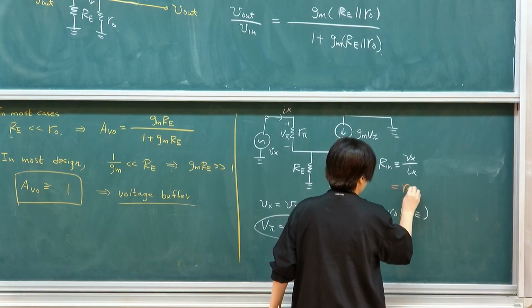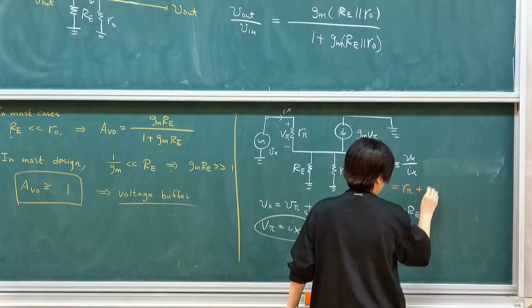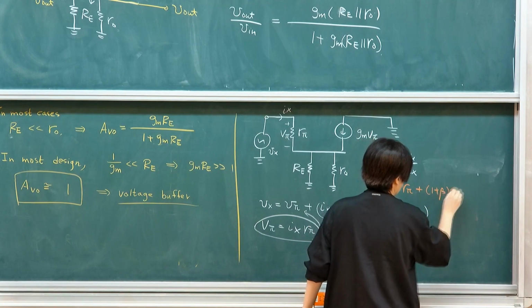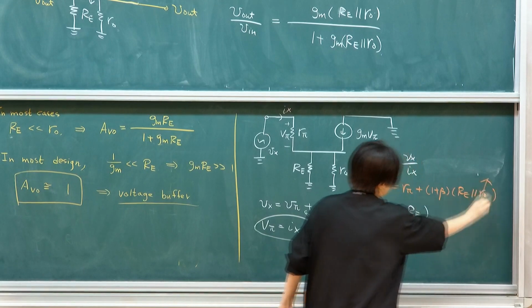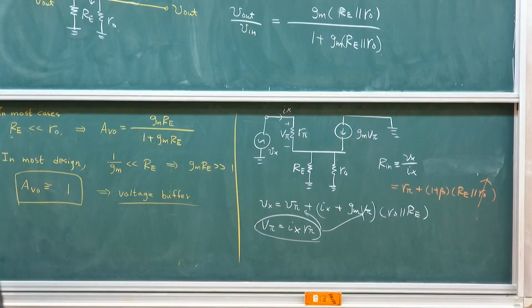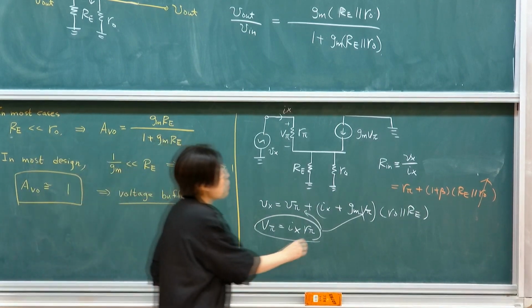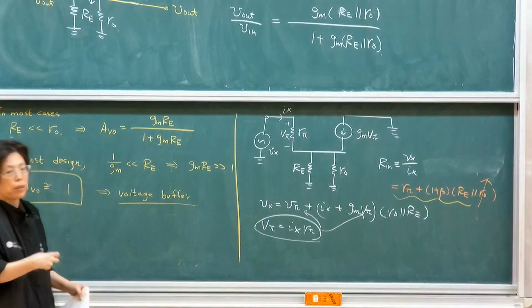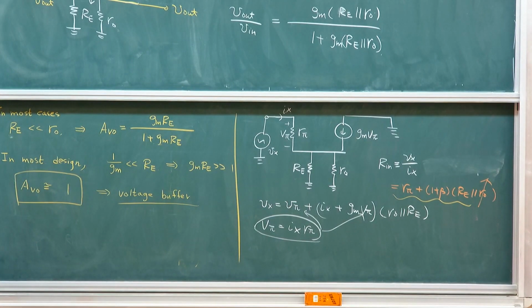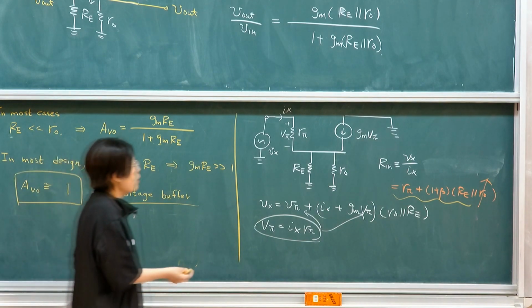It will be R pi plus 1 plus beta times RE in parallel RO. Well, you can typically ignore RO because RO is much, much larger than RE in most cases. Okay? So we see that it has relatively high input resistance, because R pi is typically a much higher number than 1 over Gm. Therefore, it's beta times higher. So it's a relatively high input resistance.